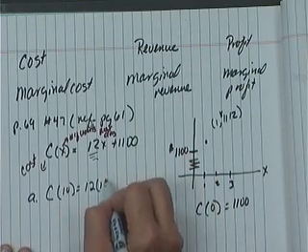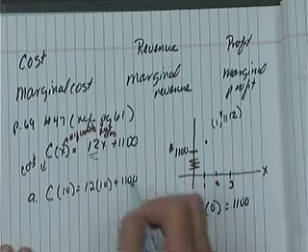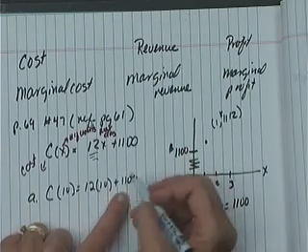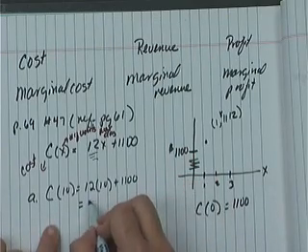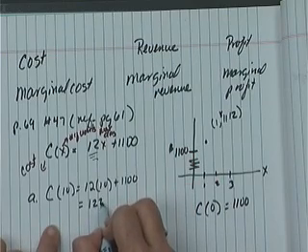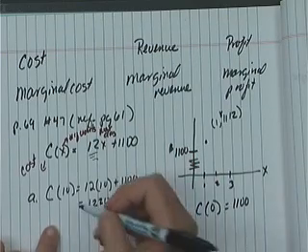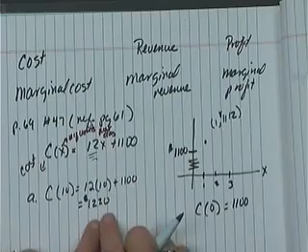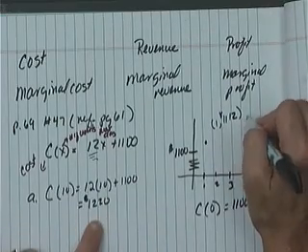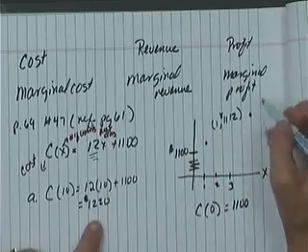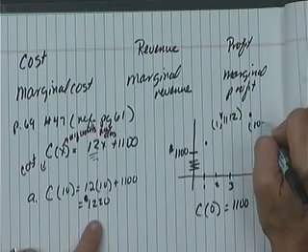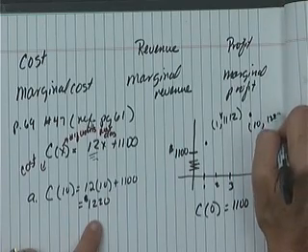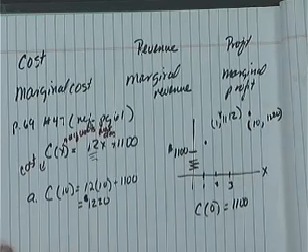So you have 12 times 10 plus 1100. And I guess that would be 120. Oh, I should be able to do that in my head, right? 1220. Is that right? Okay, so to produce 10 units, that just means you have a dot sitting out here somewhere of 10, 1220. Okay?